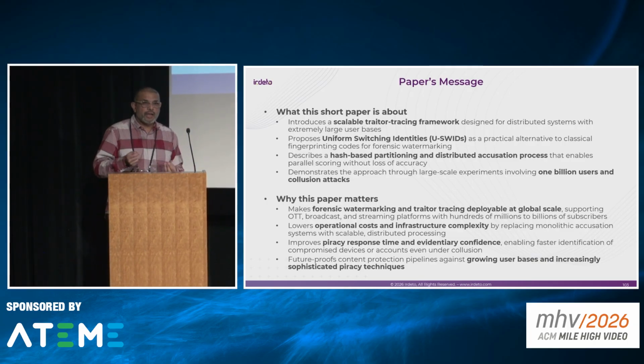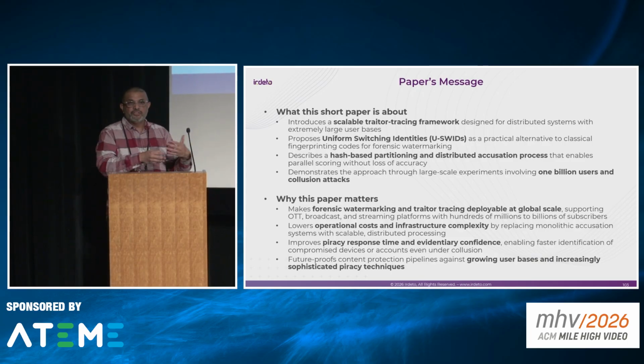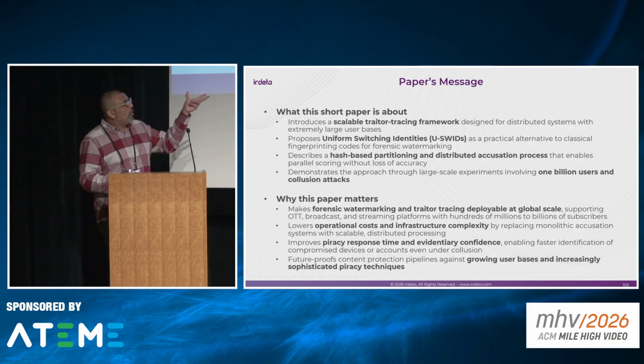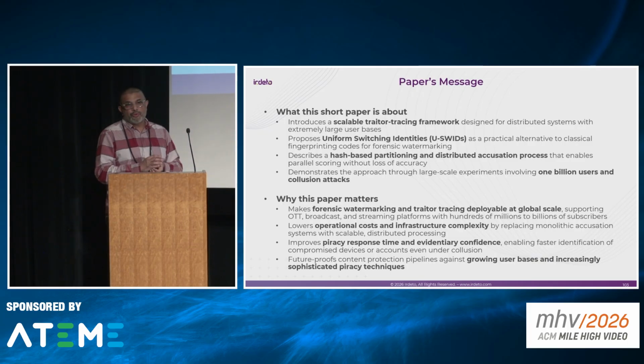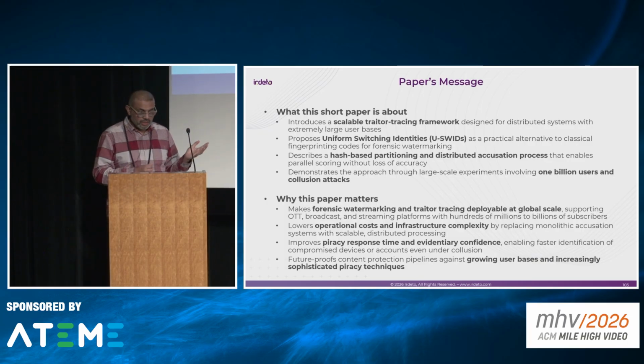A collusion attack is when a bunch of these pirates collude together, share each other's streams, and run some combination, like interleaving the frames or segments, or even combining each frame together and re-transcoding it, so that they will try to defeat the watermarking. We wanted to test up to 25 colluders on a 1 billion user set. That was our goal.